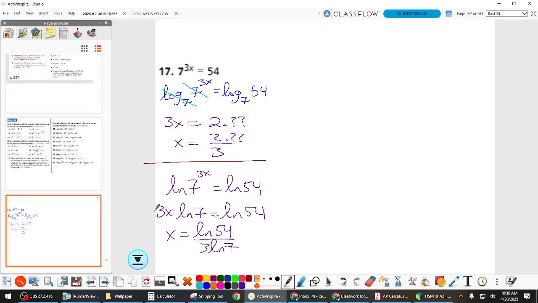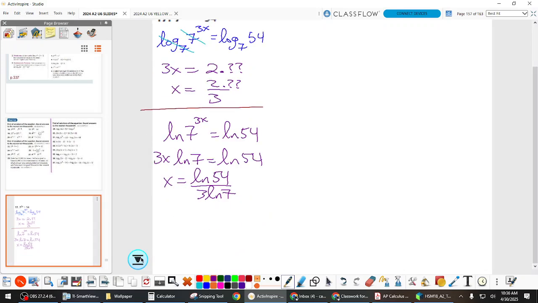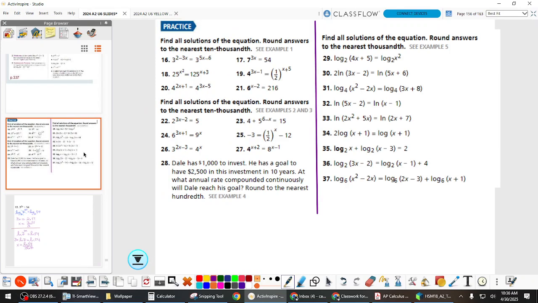So 3 times x times natural log, you can just move the 3 over with the natural log of 7. That's totally fine. Anyway, both of those give you the same answer. Even though it doesn't really look like it should, but it does. Okay. All right, 26.